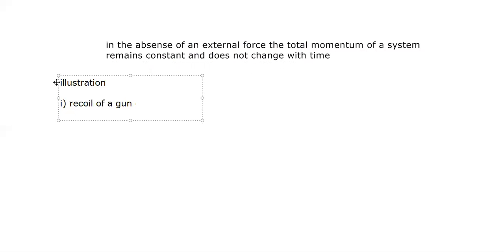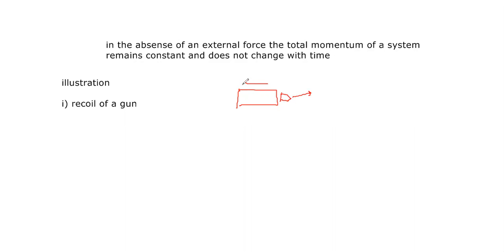Suppose a bullet is fired in the right direction. Suppose this is a gun. If the bullet is moving in this direction, then the recoil speed is in the opposite direction to maintain the total momentum constant.